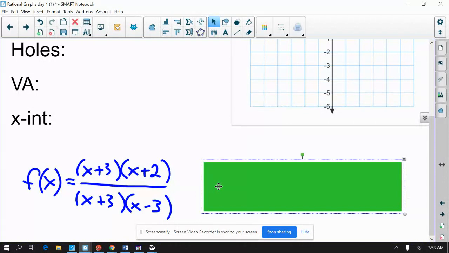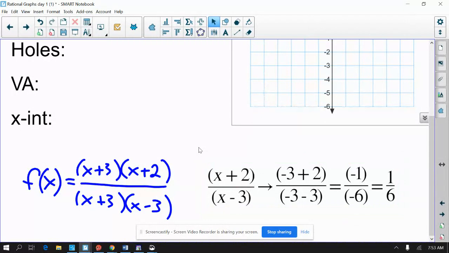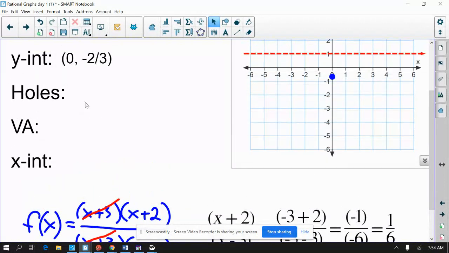So that tells me that there's a hole at x equals negative 3. Once I cancel that out, I'm left with this reduced version, and you would plug in negative 3, that's where the hole occurs, to find the y value, which is 1/6.